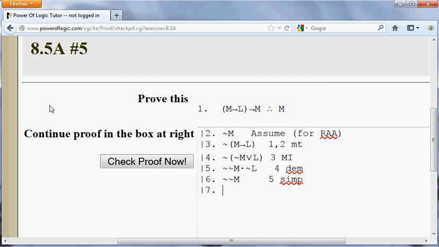Some of you watching this video might use double negation on line 6 and make it M, and then look up to line 2 and get an M and not M contradiction, and that's perfectly correct. It's perfectly fine. But really, we don't need to do that. I could just take my not M from line 2 and my not M from line 6 and do a 2-6 conjunction. Okay? And line 7 is a contradiction.